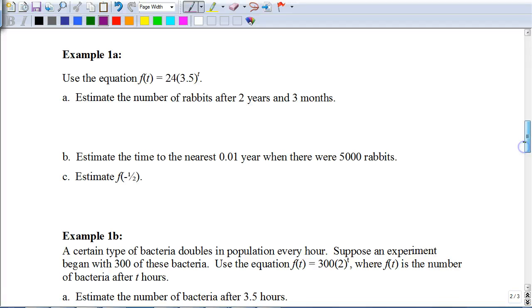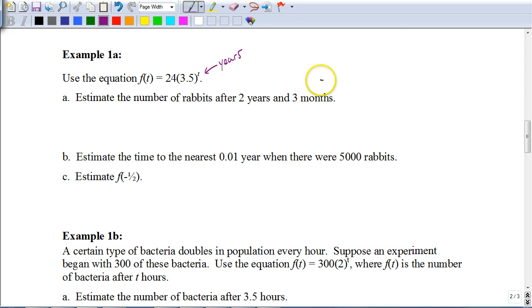So here's the key thing: we're going to see how to use that equation. First off, it's asked us, still using the same situation, to estimate the number of rabbits after 2 years and 3 months. Now remember, the time is in years.